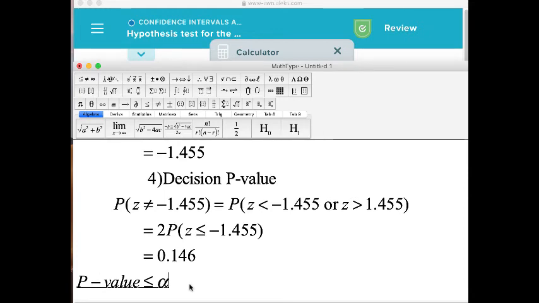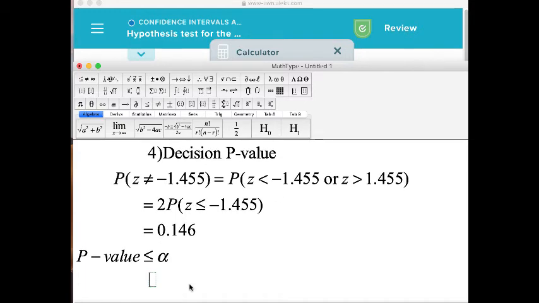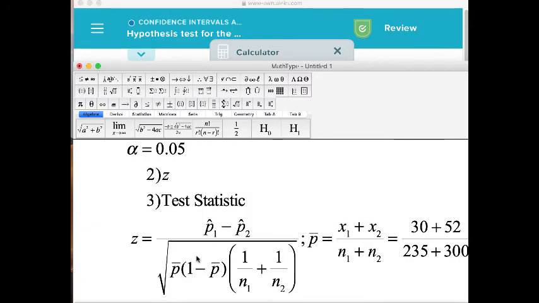All right, so the p-value was 0.146, and our alpha value was equal to 0.05. Let me just make sure. I put it in the null hypothesis. There it is. Yeah, 0.05.